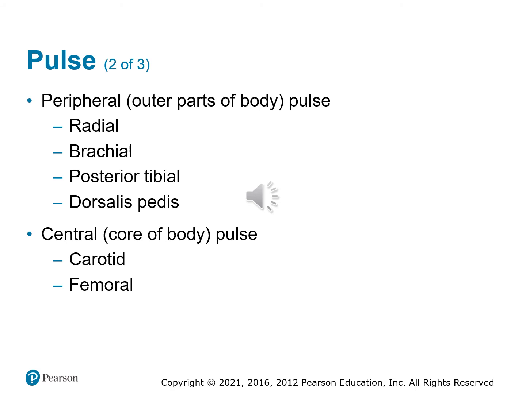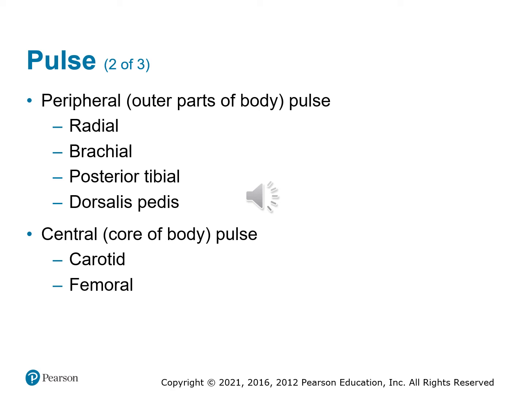There are a lot of locations, though, in which you can feel a pulse. For the peripheral pulses, so periphery is outer, we've got the radial in the wrist, we've got the brachial kind of in your underarm or your armpit area, we've got the posterior tibial, which is kind of on the back side of your ankle medially, or inside.